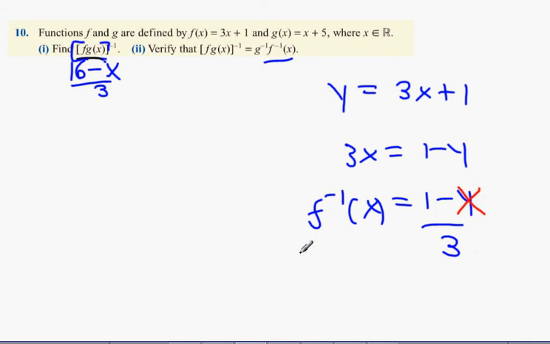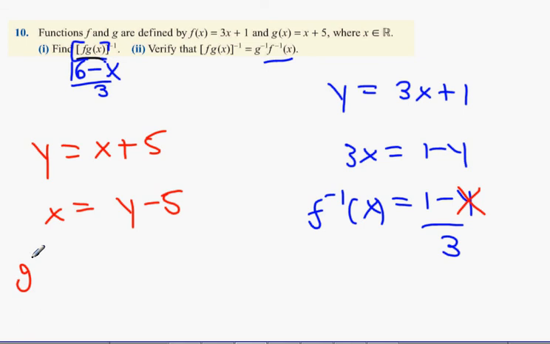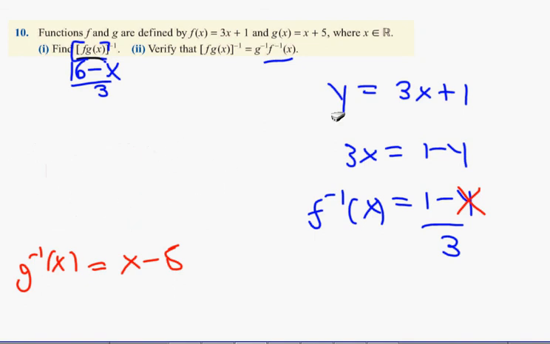Now I have to find out what g inverse is. What's g inverse? Y equals x plus 5. X therefore equals y minus 5. G inverse x therefore is x minus 5. Now that I've done this here, I now have my two functions that I need.